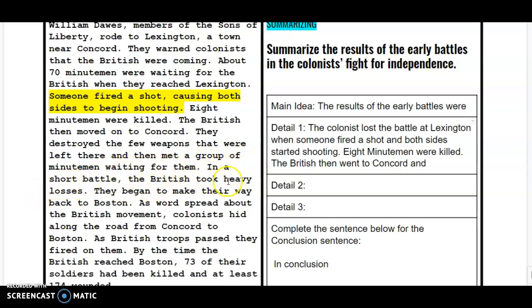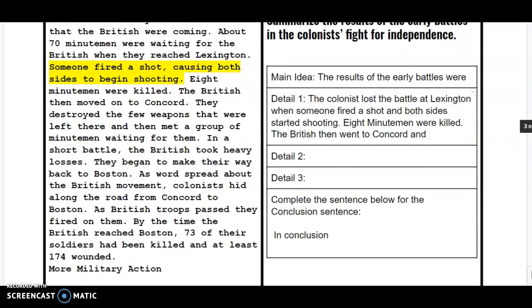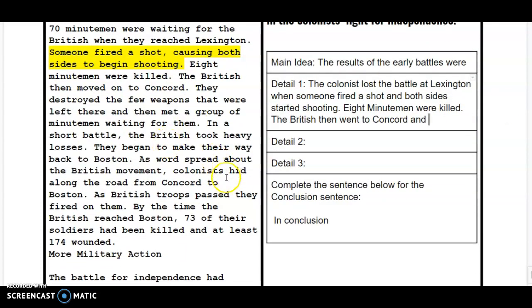In a short battle, the British took heavy losses. So let's go down a little bit more just to make sure that we're right here. They began to make their way back to Boston, and word spread out, and the colonists hid along the road from Concord to Boston. And as the British troops passed, they fired on them. By the time the British reached Boston, 73 of their soldiers had been killed and wounded.